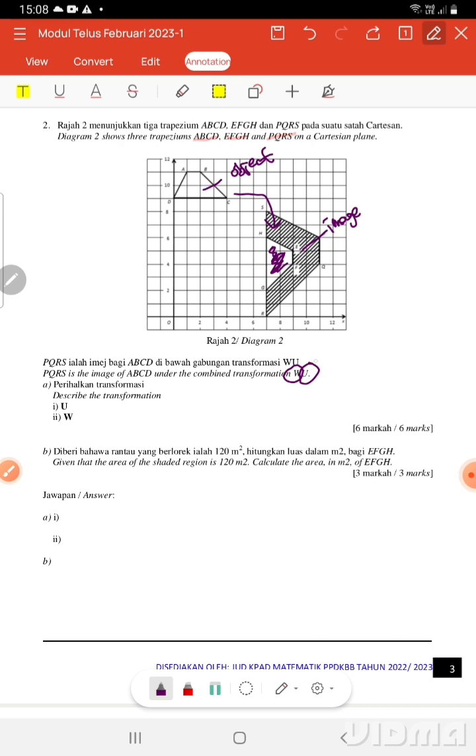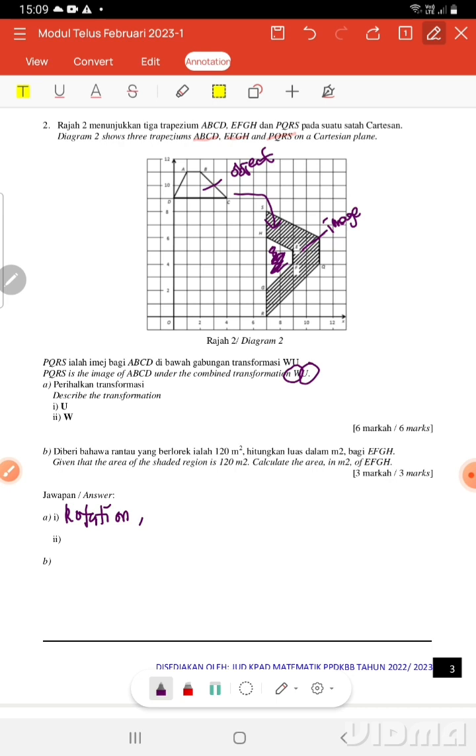So what is U? U can be reflection, translation, and enlargement also, so the only one left is rotation. So you can write rotation here, and you already got 1 mark.